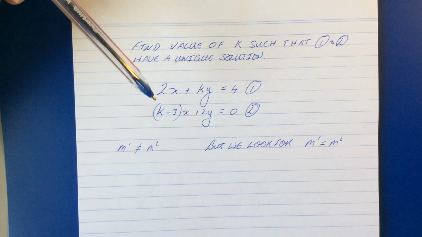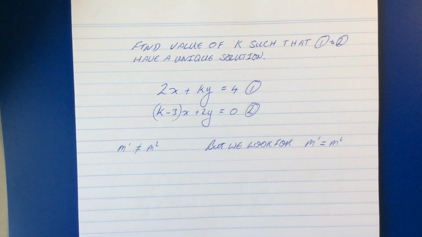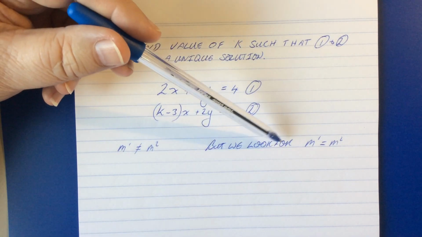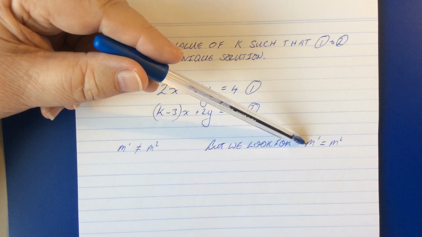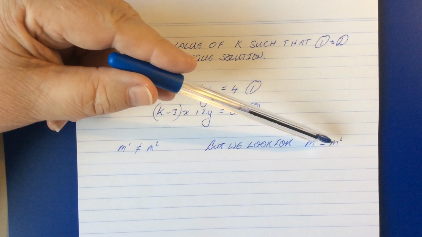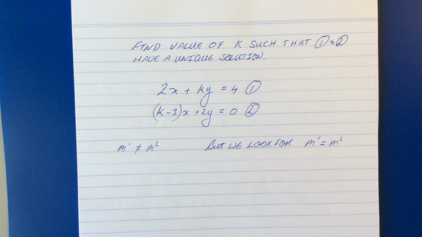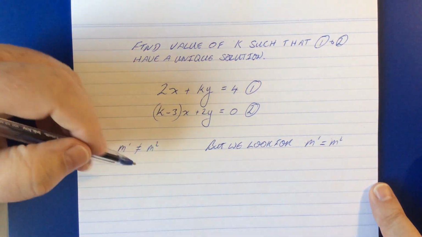However, it's far easier to look for where they would have the same gradient, and then we can exclude the value or the values that would give us that same gradient. So counterintuitively, we're not looking for a unique solution. We're looking for where they have no solution. And once we know where they have no solution, we can figure out pretty quickly where they'll have a unique solution. So let's get to work.